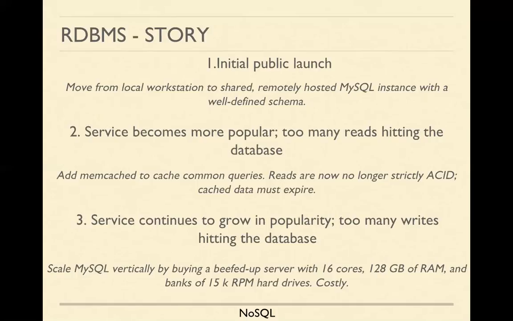And suddenly, you realize that there are too many reads hitting the database. This is something you have planned for. So in these circumstances, a typical developer or engineer adds memcached or some other similar caching solution.